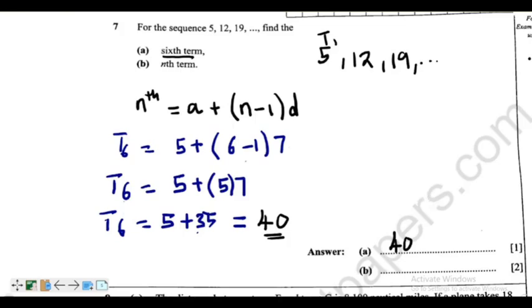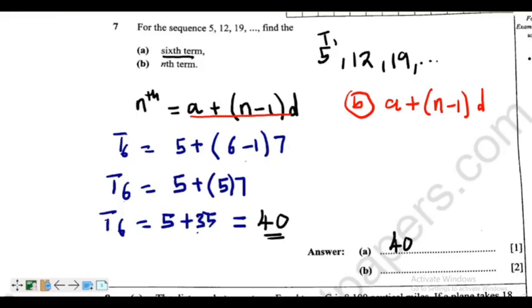So our formula is, we said nth term is given by this formula right here, which is a plus, open bracket, n minus 1, close bracket, cross d. So they want the nth term. Okay, so we are just going to replace where there is a and d. n we will leave it the way it is.